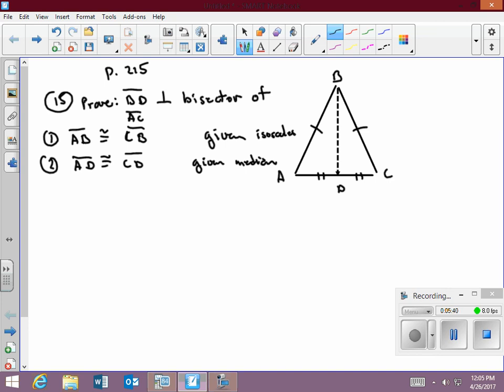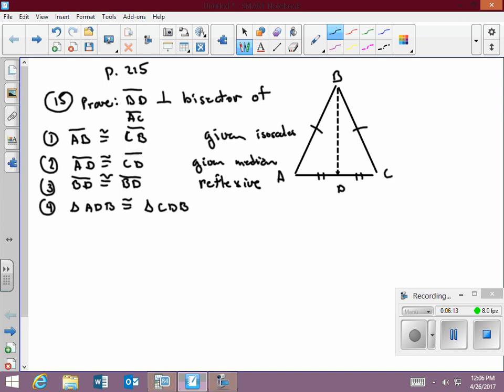Then what we can do is we can go BD is congruent to BD. This is like the school format. And that's reflexive. And then we could say that triangle ADB is congruent to triangle CDB.